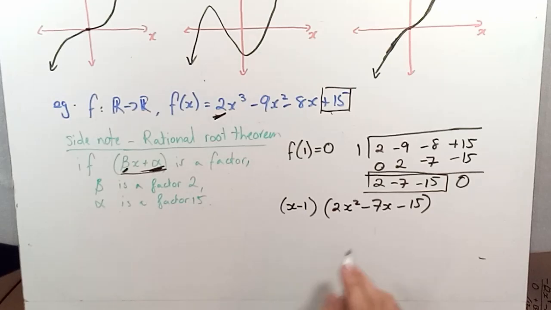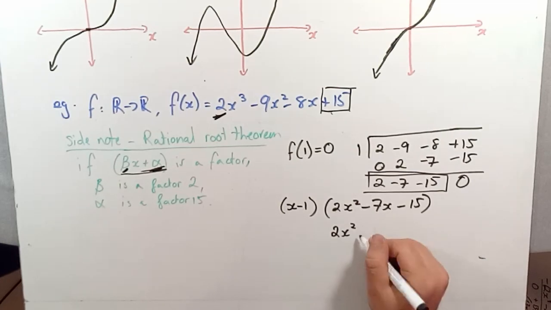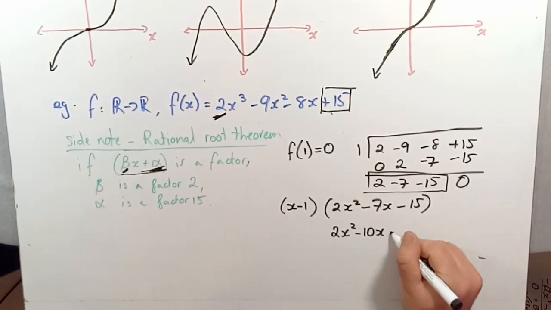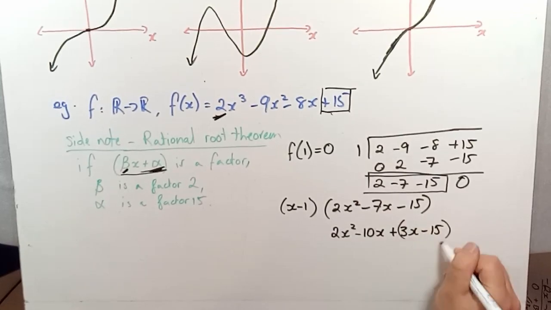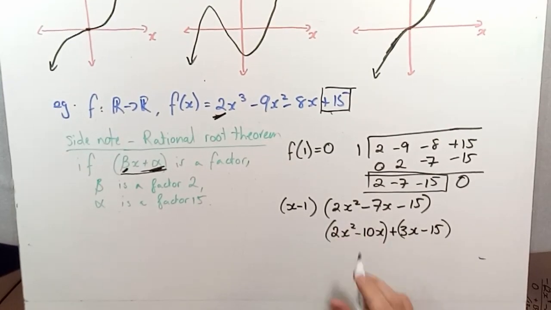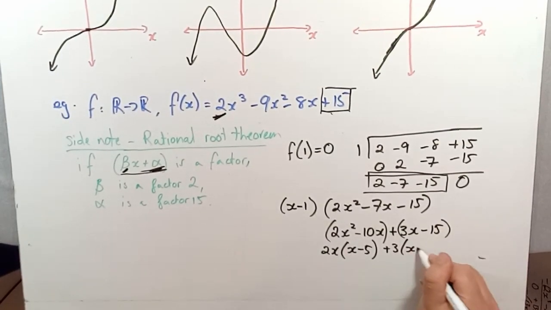Okay, so we're going to group this one. 2x squared, how are we going to group this? That multiplies to 30, so we go minus 10x plus 3x minus 15. Okay, we'll group, take out common factors: 2x, x minus 5, take out 3, x minus 5.